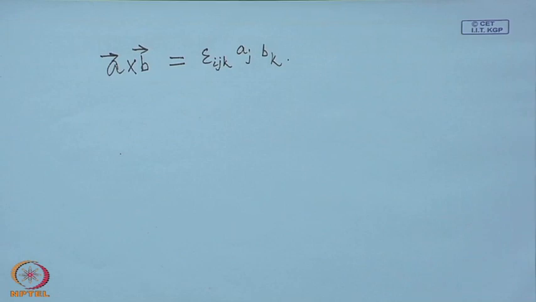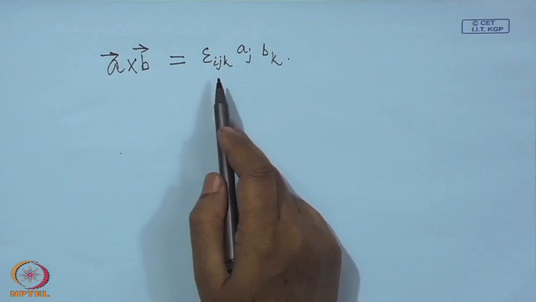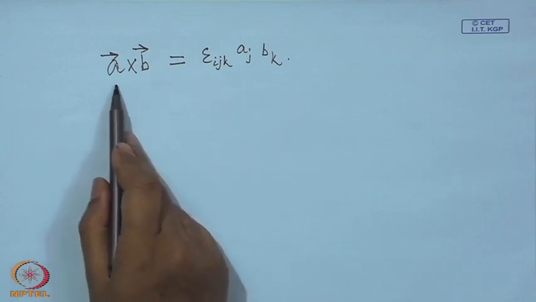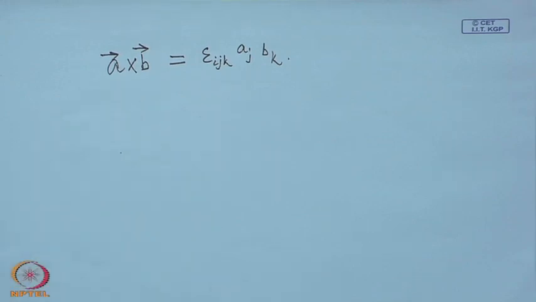If you try to expand this ijk, you can see that for each i you will be getting the 3 components of this left hand side vector. I want to take an example.